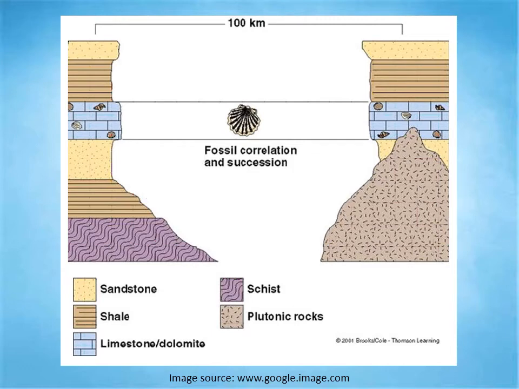When they are separated by a vast distance, in this case about 100 kilometers, on the left hand side at the extreme bottom there is a metamorphic unit, then a shale unit, then a sandstone, and then limestone. But on the right hand side, it starts with an igneous body, then sandstone, then limestone. So the appearance of rock units is entirely different in these two rock columns.